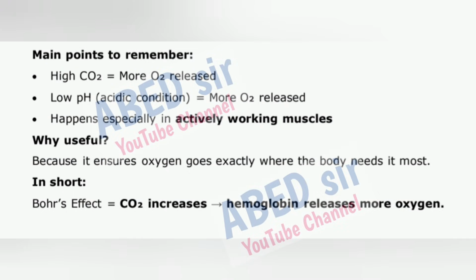High CO2 means more O2 released. Low pH, acidic condition, means more O2 released. Happens especially in actively working muscles. Why useful? Because it ensures oxygen goes exactly where the body needs it most. In short, Bohr's effect means CO2 increases, hemoglobin releases more oxygen.